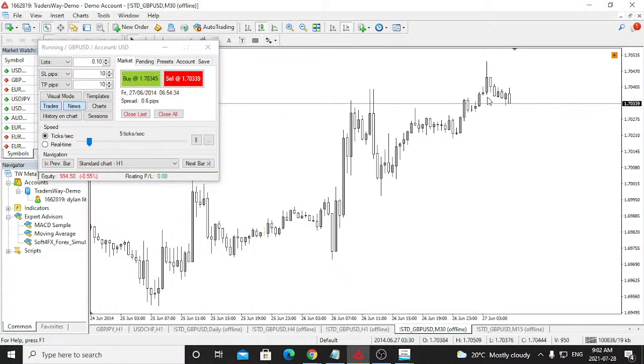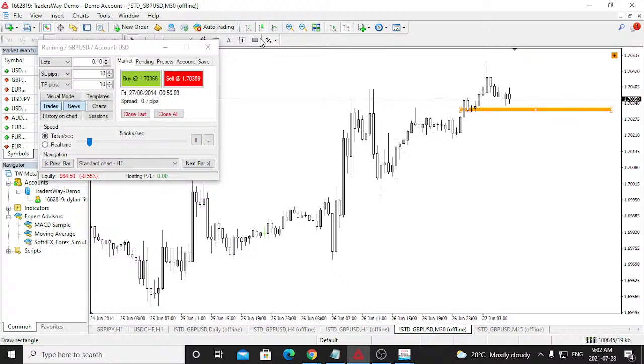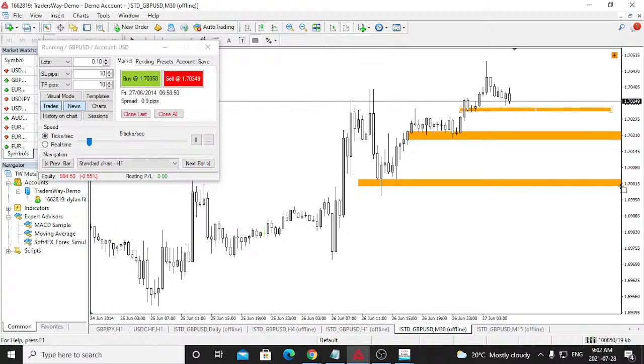So when we zoom in and look at these areas that we've drawn out, this is a level of support, and then subsequently, if we break it, another level of support right here, and then another level of support right here. That's what we drew out in the higher time frames.